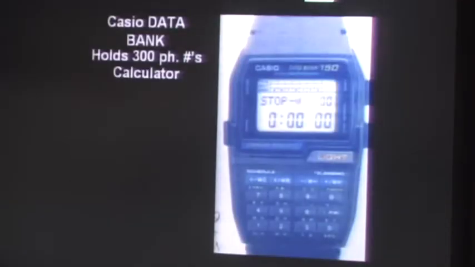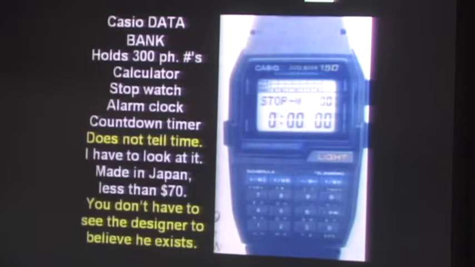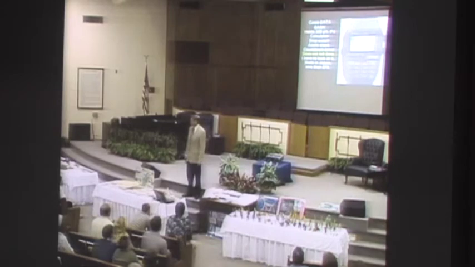I've got a Casio Databank stopwatch, or watch, okay? Holds 300 phone numbers. It's a calculator, stopwatch, an alarm clock, and a countdown timer. It does not tell time. I have to look at it, but it's a pretty amazing machine. $70 at Walmart. I was in Japan a couple years ago, but I did not see the guy who makes the Casio Databank watch. I never saw him. Do I have to see the guy who made it to believe he exists?